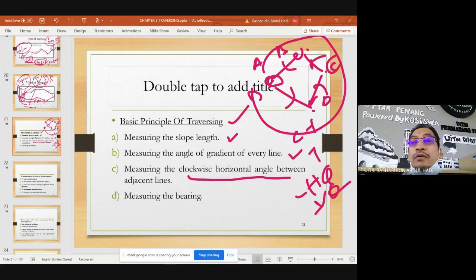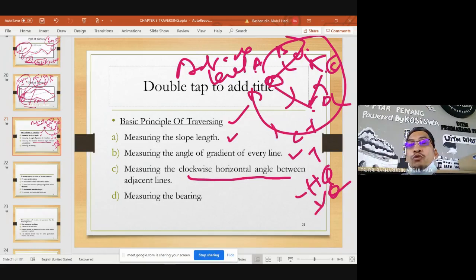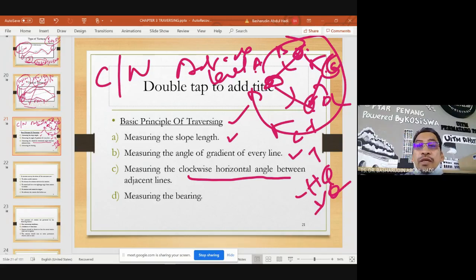Yes, of course you can go opposite if you understand well; we call that the A1 level. But for the basic one, we advise you to follow the clockwise direction to move your equipment from A to B, B to C, C to D. So C covers, B covers, A also covers, measuring the bearing.